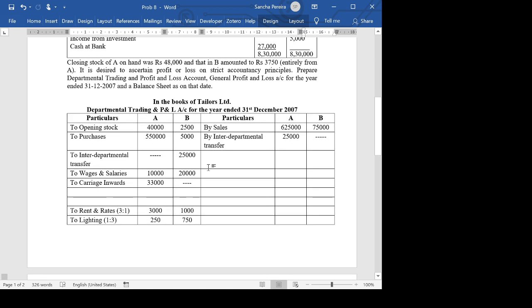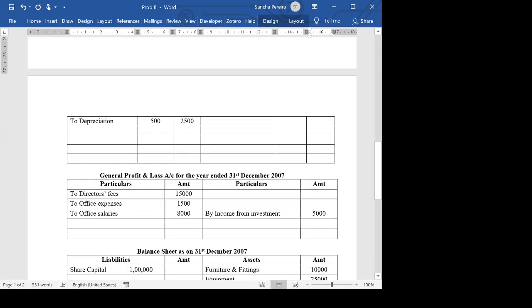So closing stock, since it's in the adjustments, will come twice. So we're going to say by closing stock, that is 48,000 and 3,750. There'll be another effect to this in the balance sheet.